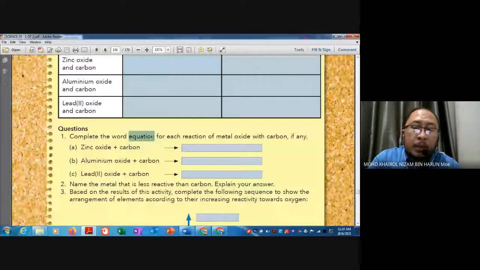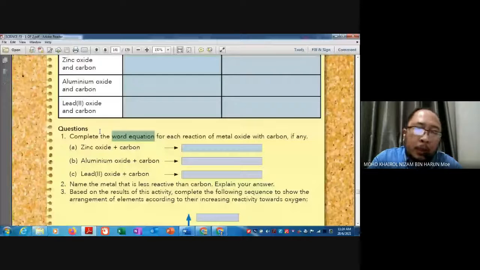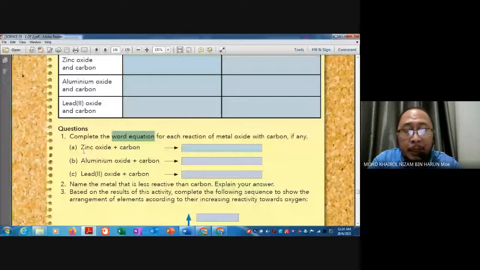In your Form 3 syllabus, we write the chemical equation in the form of words. So when we ask you to write a word equation, it means a chemical equation that represents the reaction between the chemical substances.